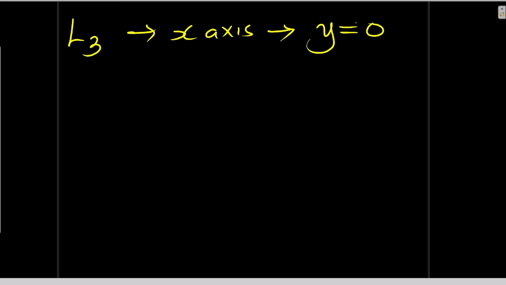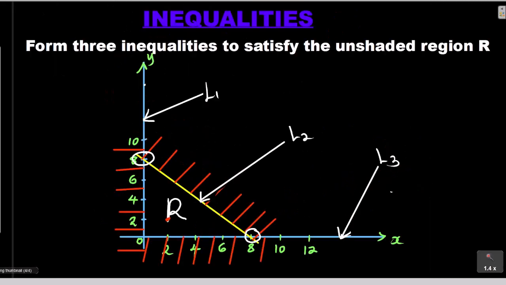Again, we need to identify the inequality sign that you're supposed to insert there. Now to do that, just look at that line, the x-axis. The side that is shaded is the side that is below the x-axis, and that is the side that is less than. The values that are below that line are negative.